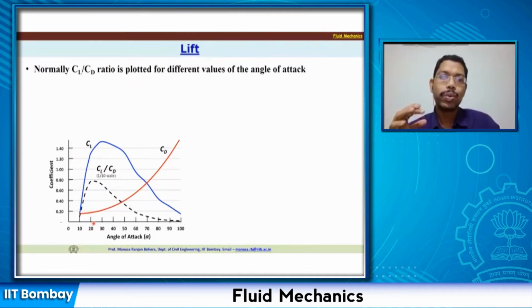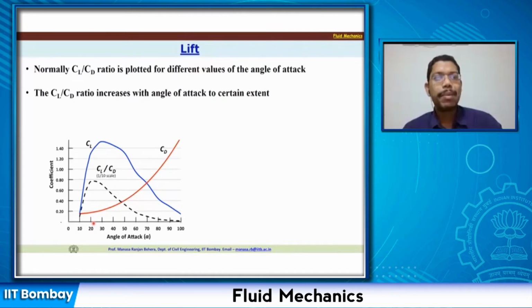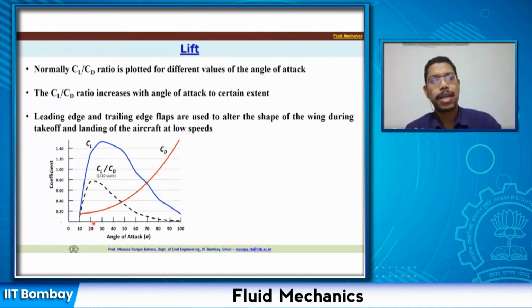So with that kind of angle of attack, with that shape, the body is going to move at a faster rate. The CL by CD ratio increases with angle of attack to a certain extent, and leading edge and trailing edge flaps of a wing are used for altering these CL by CD ratios at different times, mainly during takeoff and landing.